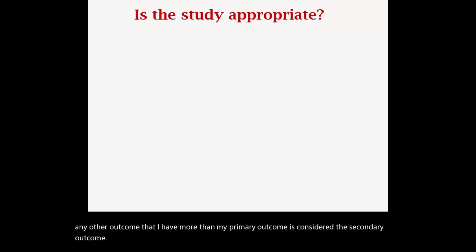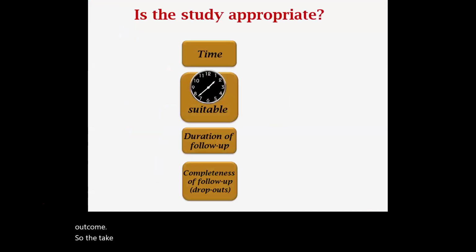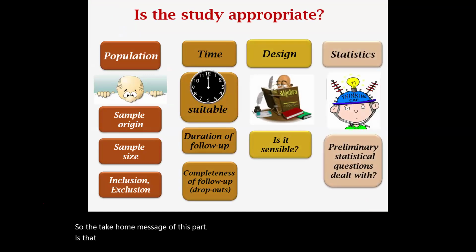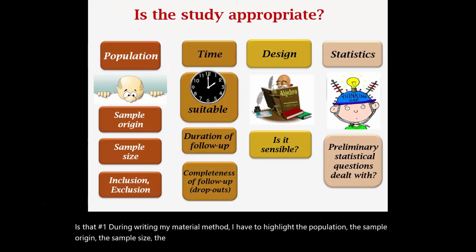So the take-home message of this part is that, number one, while writing my material and method, I have to highlight the population, the sample origin, the sample size, the inclusion-exclusion criteria, and how the sample was taken. What is the type of sampling method that I used?